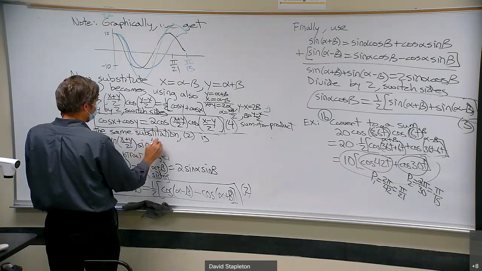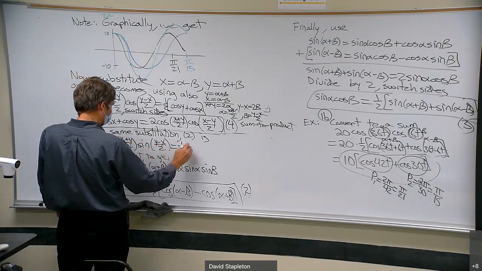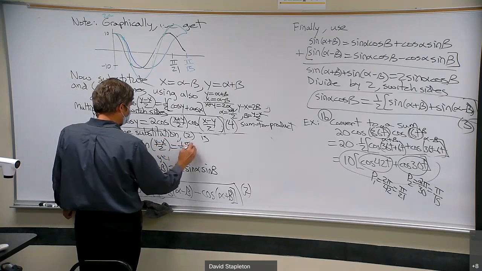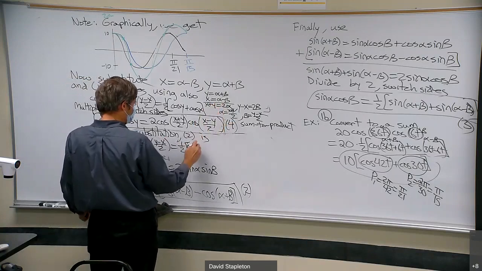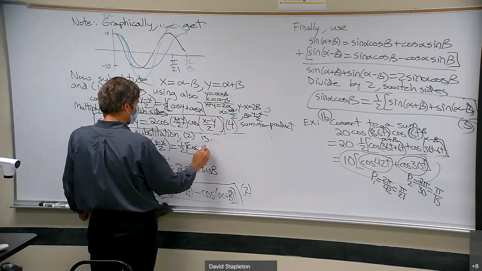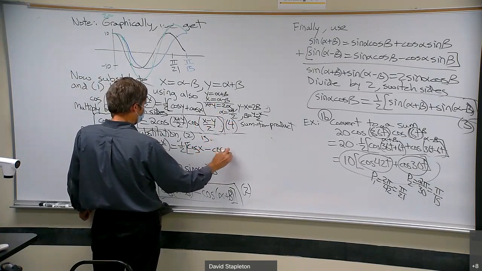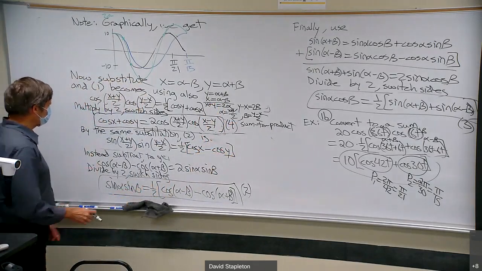Beta was y minus x over 2, equals 1/2 times cosine alpha minus beta times alpha plus beta, becomes y. Then I'll take minus 2 times each side.